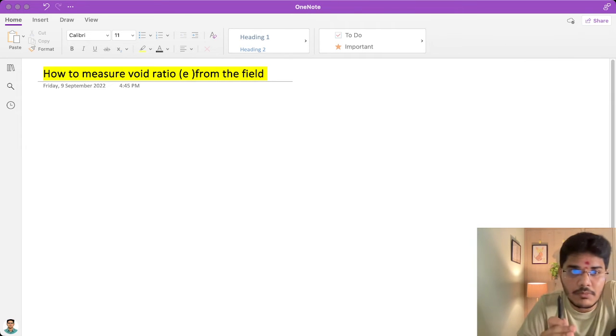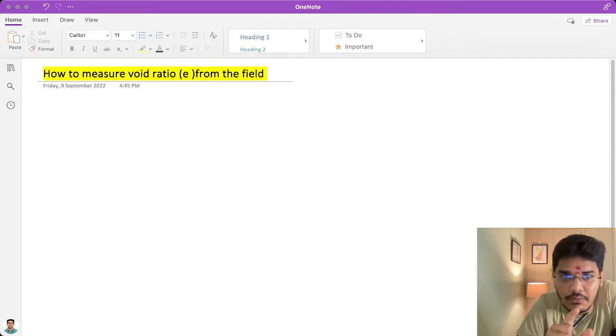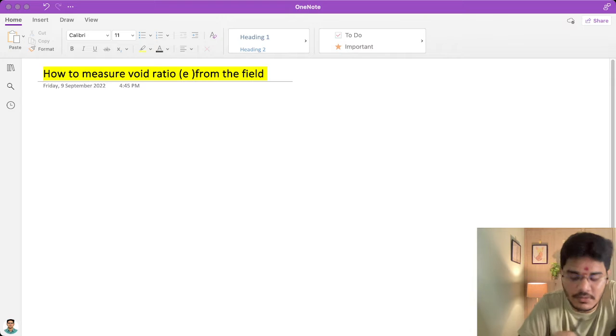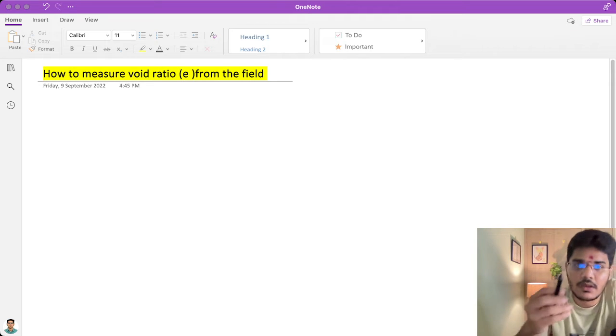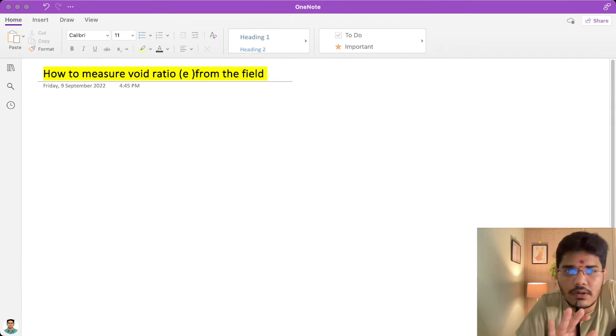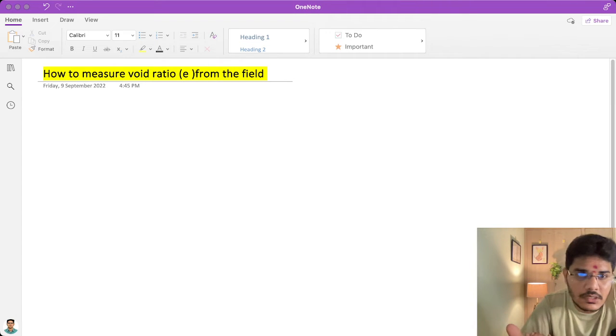If you can guess, just mention in the comments which term we will get from the field so that we can find out the void ratio. There is no direct method, in the sense there is no instrument with which we can find the void ratio from the field.